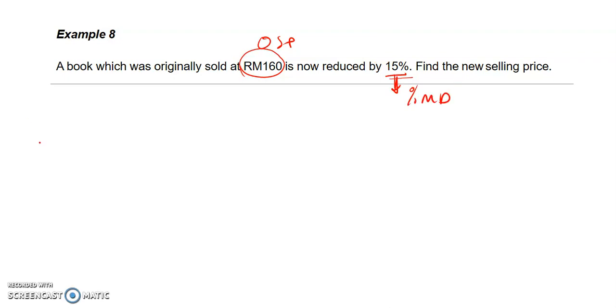So how to find the new selling price? Okay, first, you must find the amount of markdown, MD. So the amount of markdown is the percentage of markdown multiplied by the original selling price. Okay, so how do I get this formula? From the previous formula.